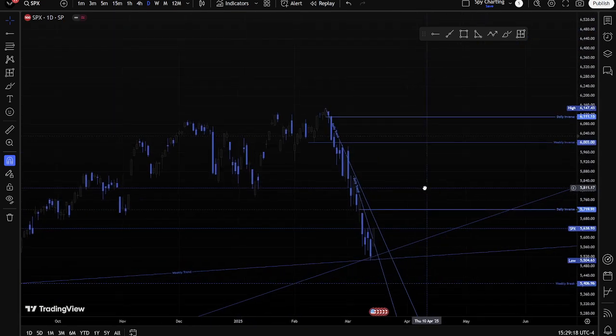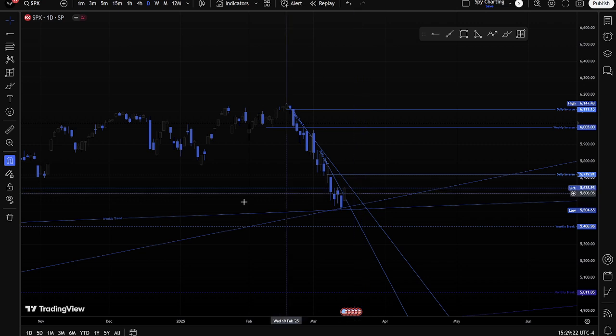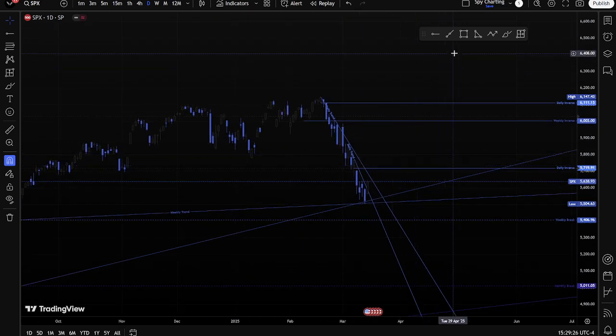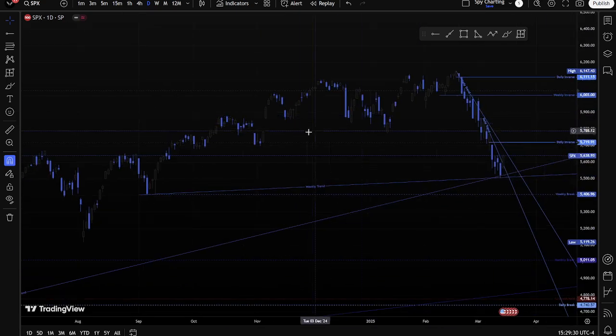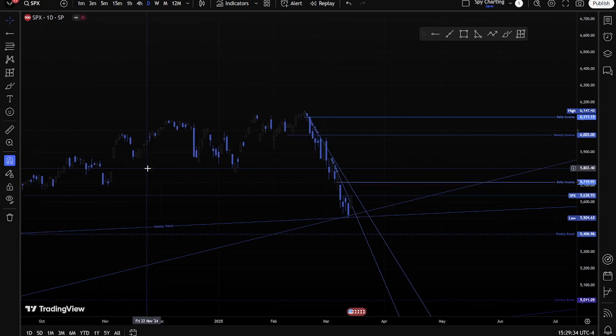There are many more concepts that go into this. It's not just marking levels and marking trends. That is the immediate information, but there are complex concepts that took me quite some time to understand, and it took me hours of studying.